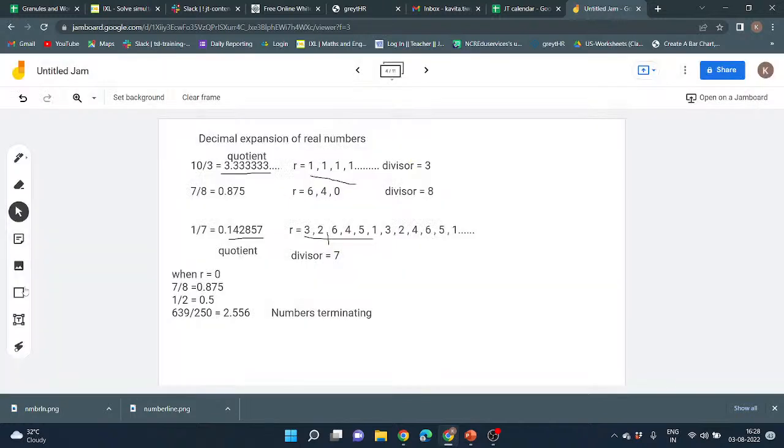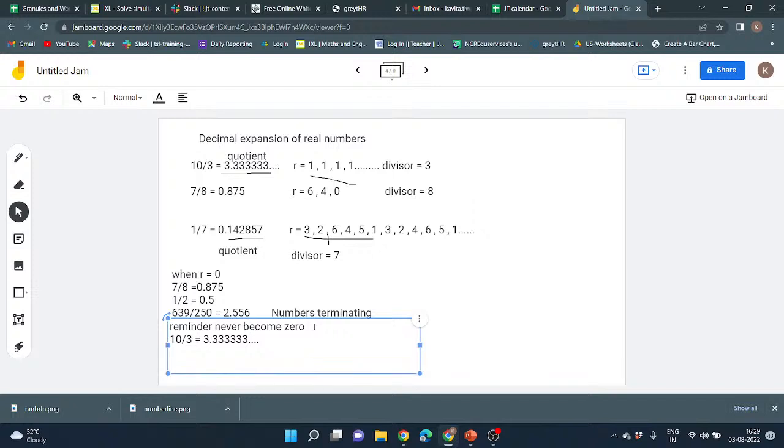Let's take case number 2, where the remainder never becomes 0. In this case, let's take the example 10 third, where the answer was 3.3333 and so on.